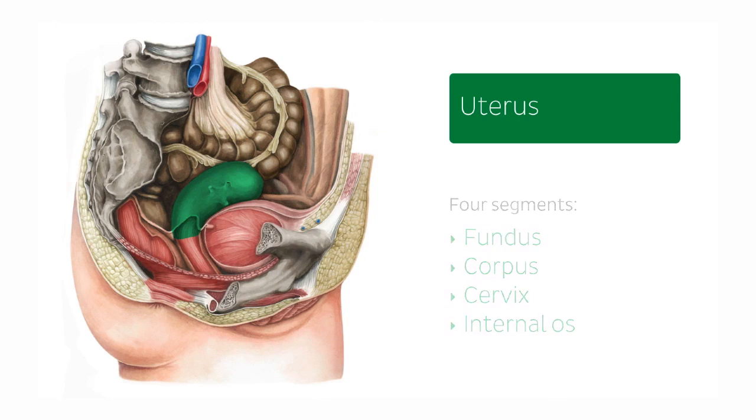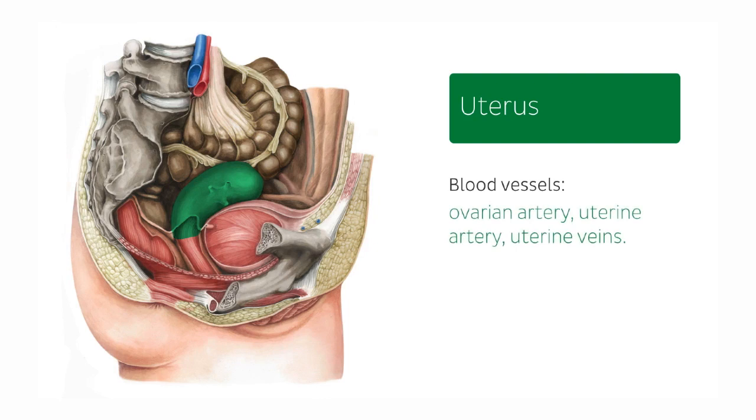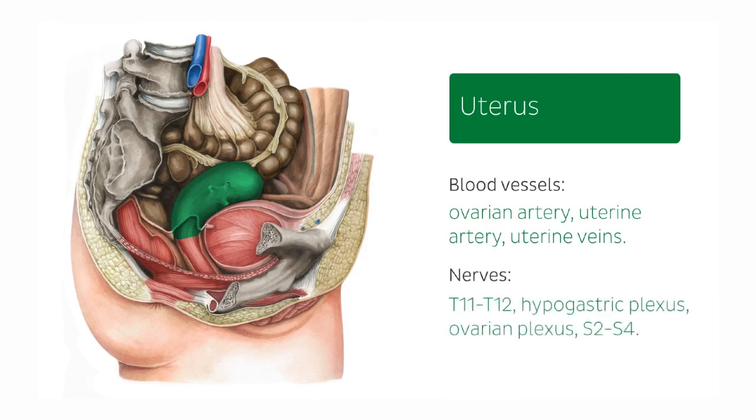There are also arteries, or blood vessels, that are associated to the uterus, and these include the ovarian artery, the uterine artery, and the uterine veins. Some nerves that will be innervating the uterus include T11 to T12, the hypogastric plexus, the ovarian plexus, and S2 to S4.